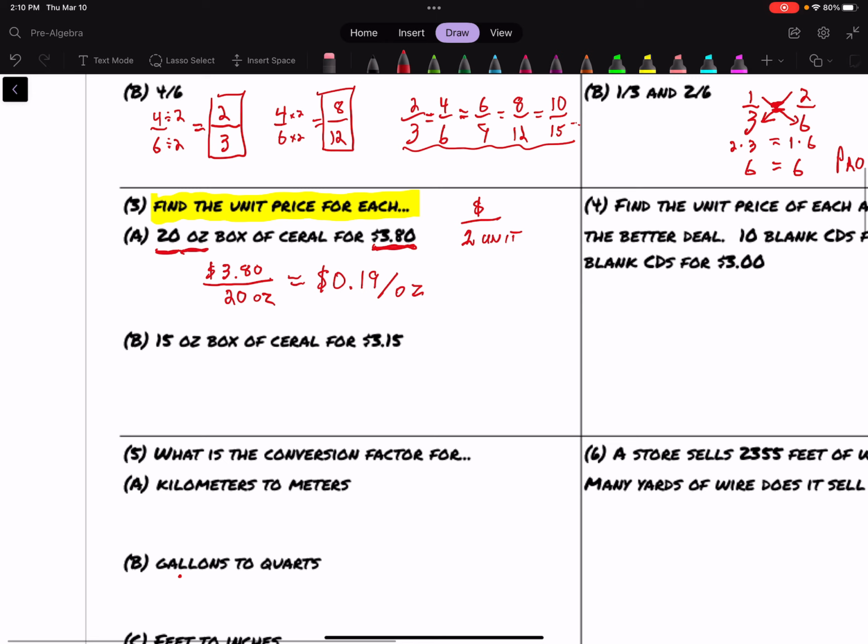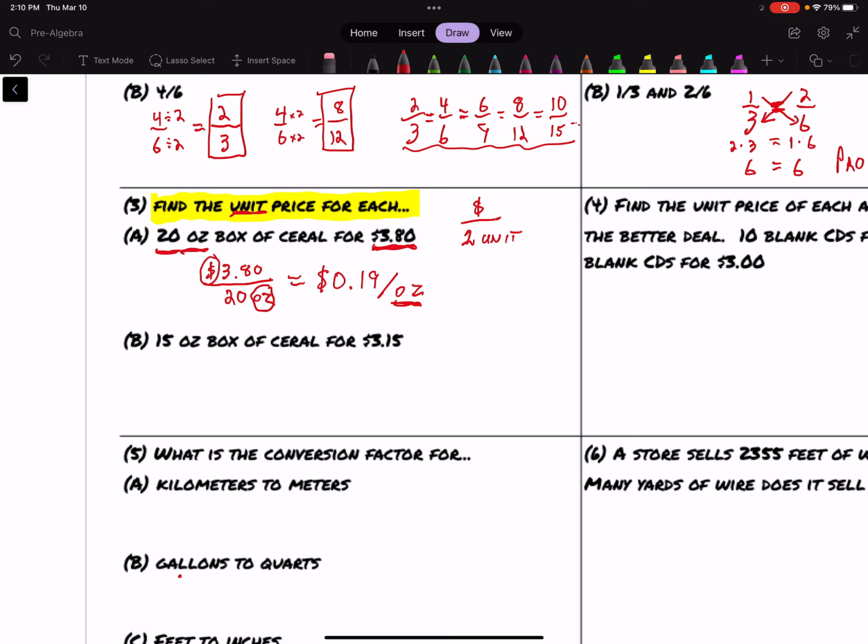You notice that nothing canceled out. I still have dollars on the top and ounces on the bottom, but I have a unit price because the unit of ounces is 1 ounce. Remember, for a unit rate or a unit price, the number on the bottom of your fraction always has to be a measure of 1.